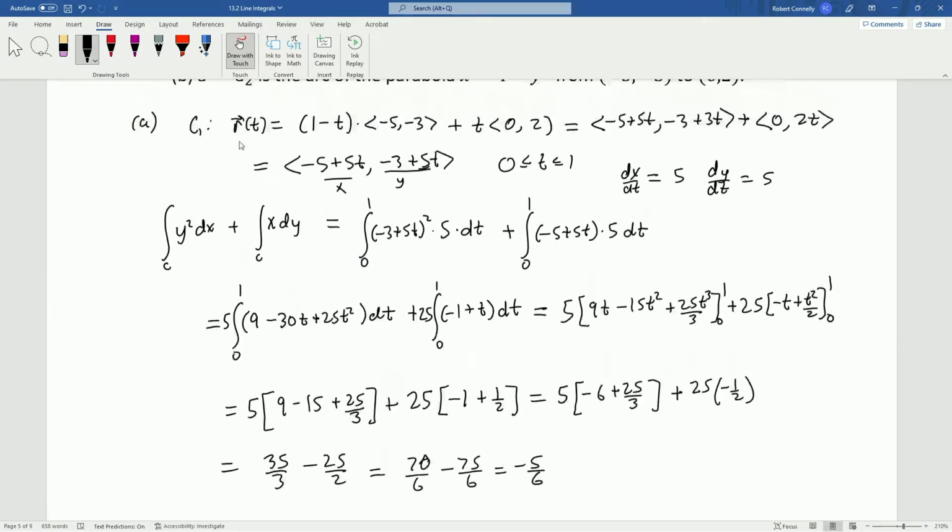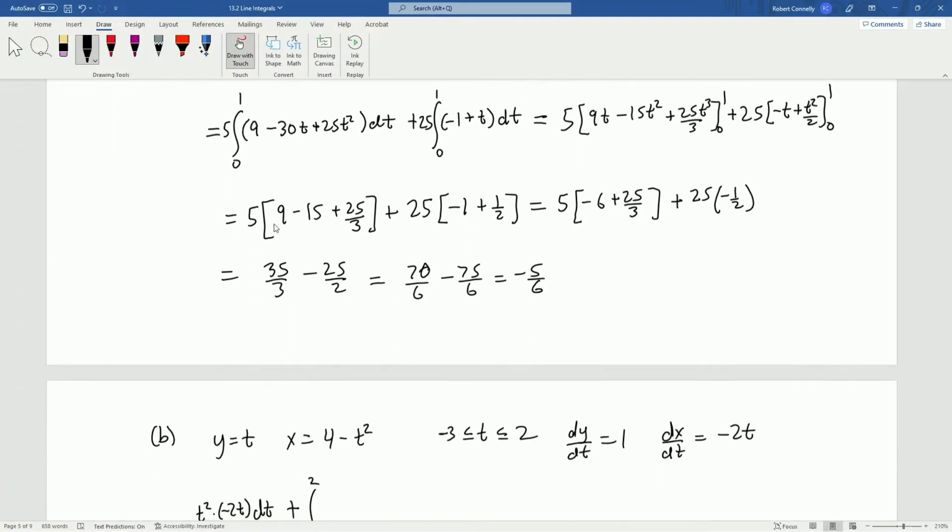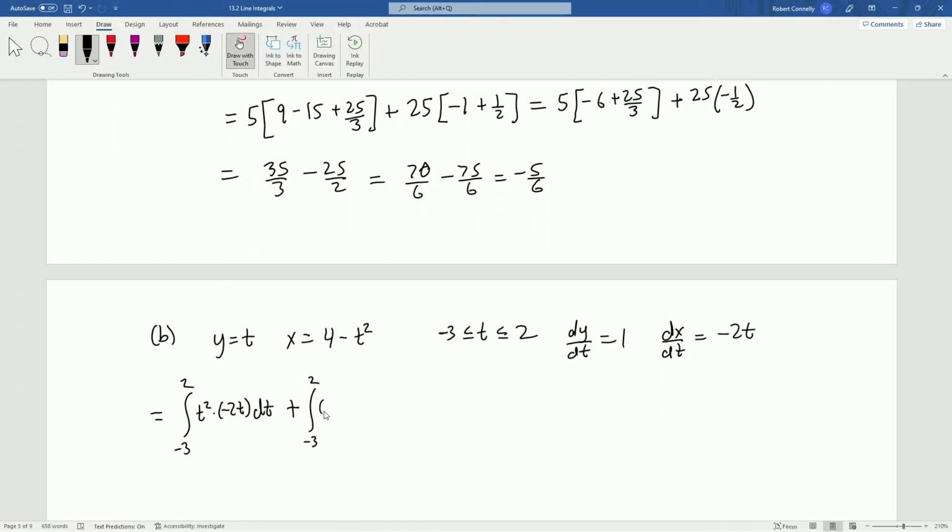So y squared, that's t squared, times dx/dt, negative 2t, dt, plus, and now for our second integral, we should get x dy. So that's 4 minus t squared, and dy/dt is 1, so times 1 times dt.